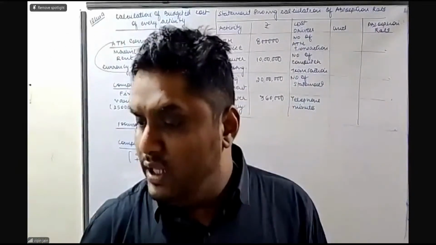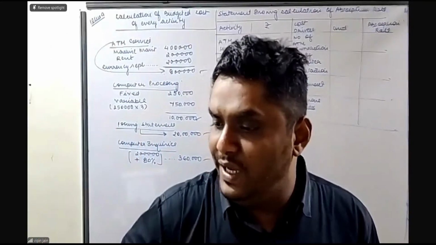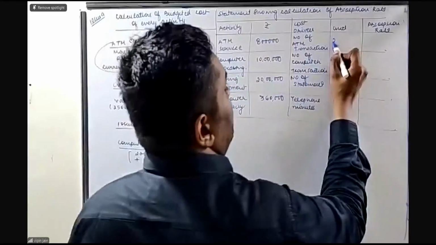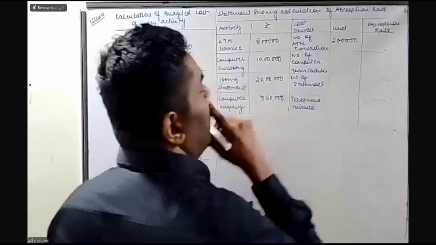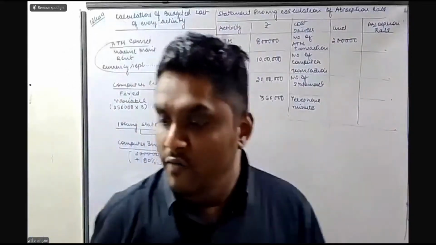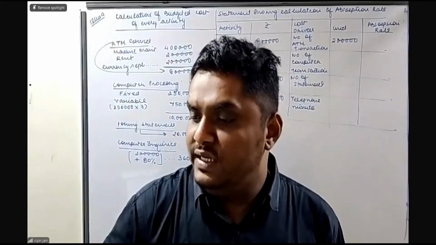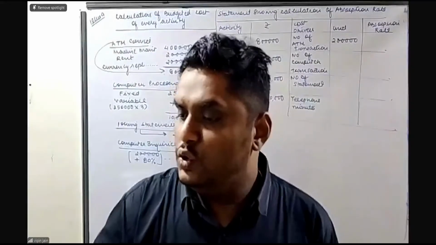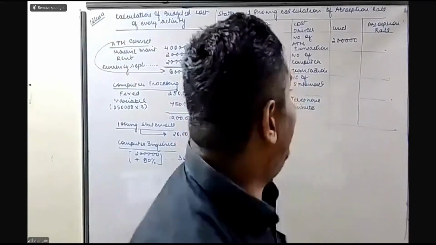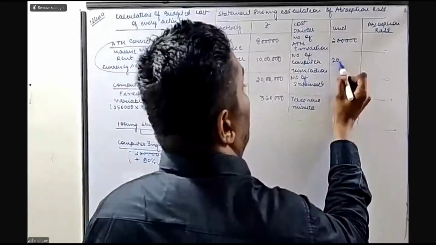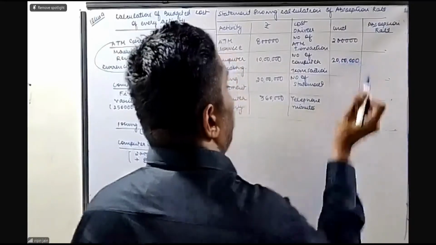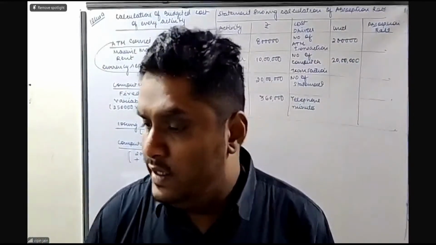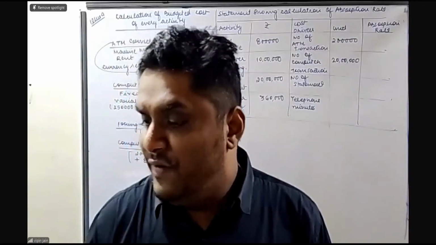Now, when talking about the number of ATM transactions, it is 1,50,000 and 50,000. So this will be 2 lakh. For the number of computer processing transactions, it is 15 plus 2, 17 plus 3, 20 lakh. For issuing statements, it is 5 lakh.